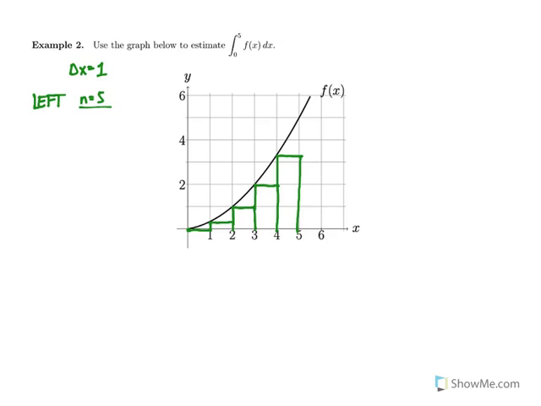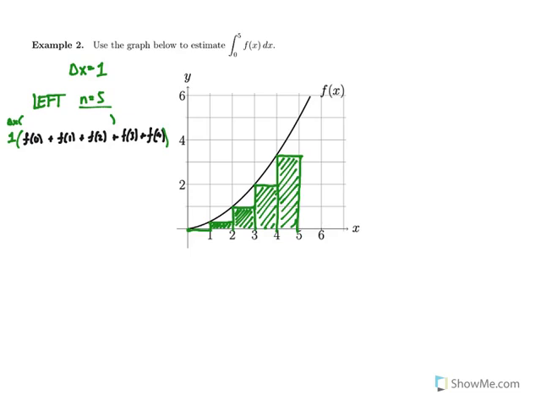So finding the area of all of those put together would be delta x, 1, times the function values f of 0 plus f of 1 plus f of 2 plus f of 3 plus f of 4.